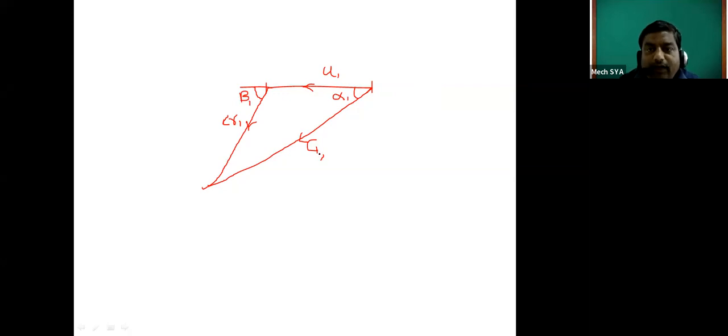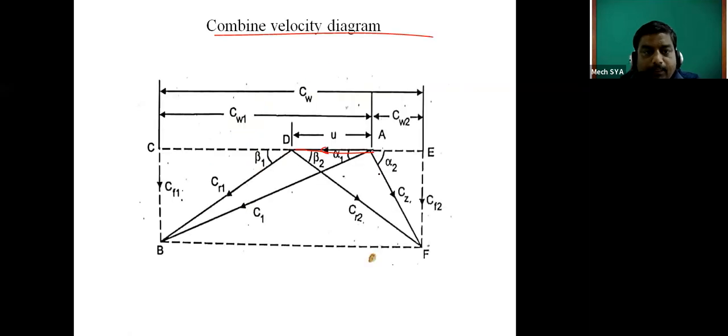Now this C1, the resultant or absolute velocity, is having two components. One is in the perpendicular direction and one is in the tangential direction to the blade.